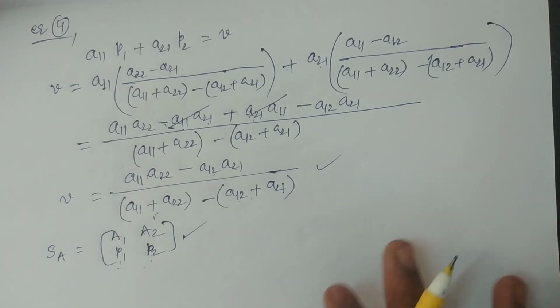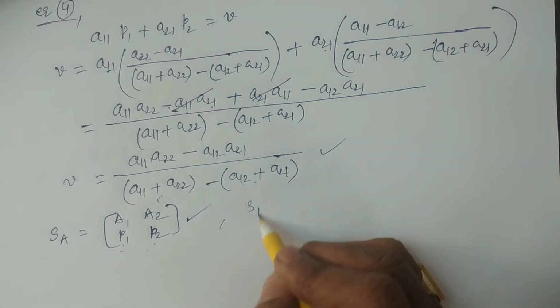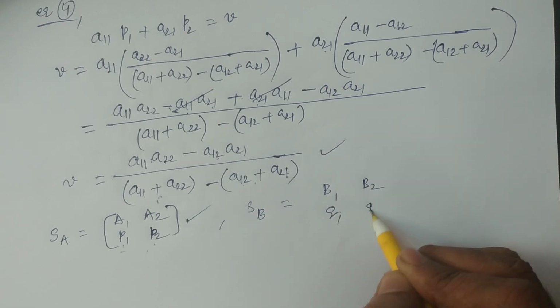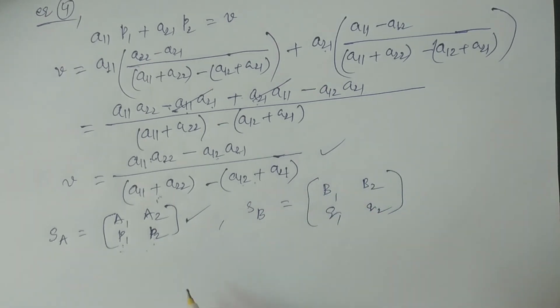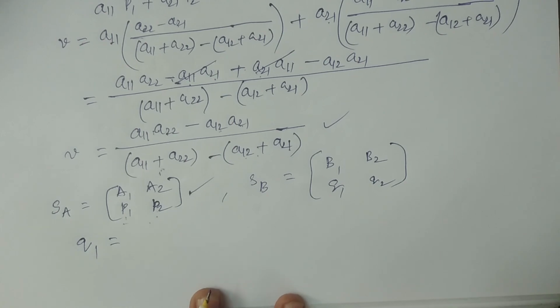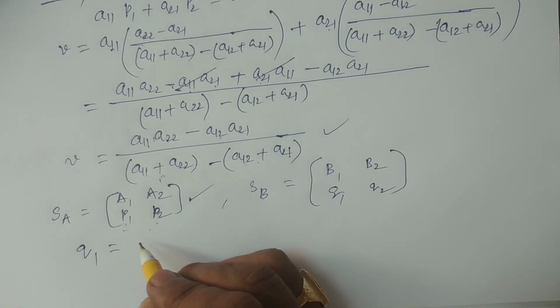Right. Similarly, we calculate optimal strategies for player B. The optimal strategies for player B are SB is equal to B1, B2 and Q1, Q2. Where I write the values of Q1 and Q2. Similarly, you have to consider one particular pure move or pure strategy of A. If player A is playing strategy A1, then what is the expected loss for player B?